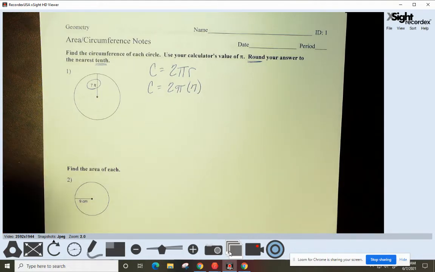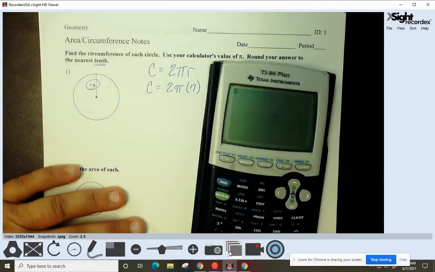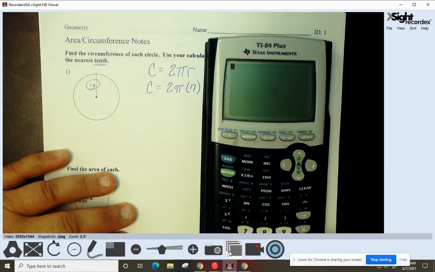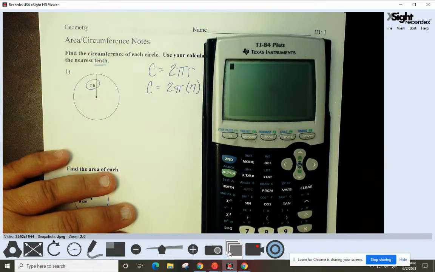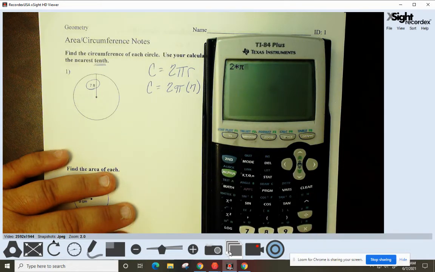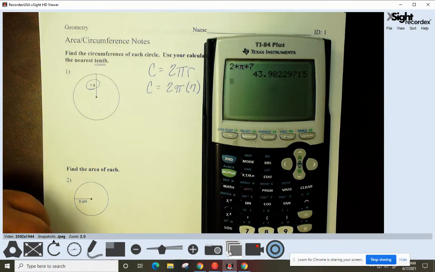Now, since it says to use my calculator's pi button, we are going to type this into our calculator and let it do all that multiplying for us. So we want to type in 2 times, if you'll look right above the little rooftop key here, there is a little pi button. So hit second, your rooftop, times 7, and we're going to round this to the nearest tenth.